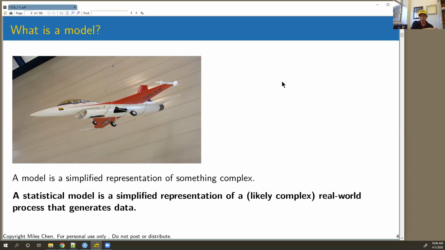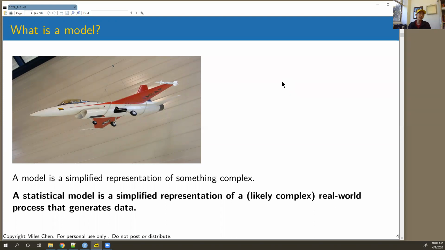Similarly, when we talk about a statistical model, in the real world there is some kind of process that generates data, right? If we think about why some people are tall and some people are short, there are complicated things that go into determining a person's height: genetics, environmental conditions, nutrition, all of that is very complicated.